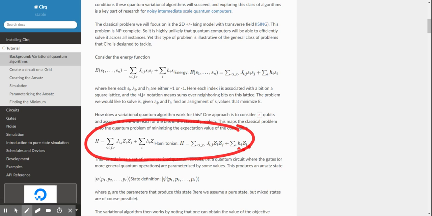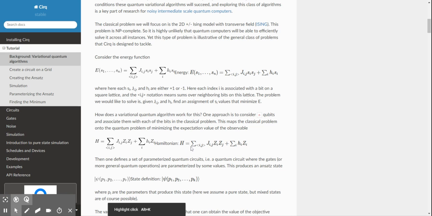Classical problem to the quantum problem, optimizing, minimizing the expectation value of the observable. Okay, but this is not clear. How do they get there?